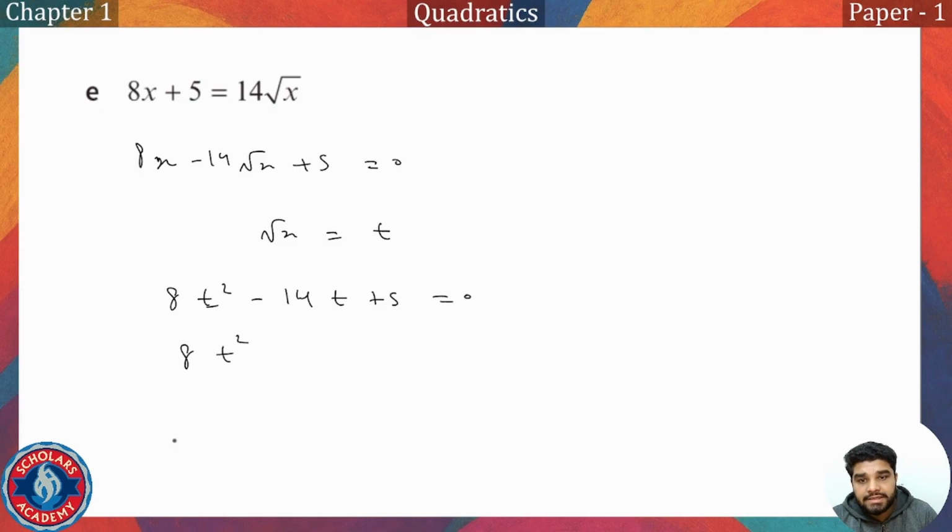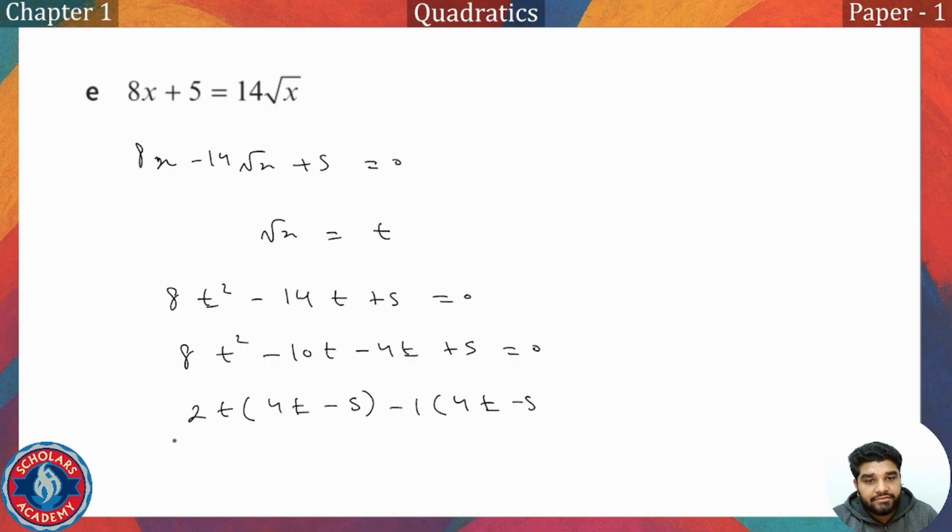We get 8t square minus 10t minus 4t plus 5 is equal to 0. So if we take 2t common from here, we get 4t minus 5, and if we take minus 1 common from here, we get 4t minus 5 is equal to 0. So 4t minus 5 and 2t minus 1 is equal to 0.